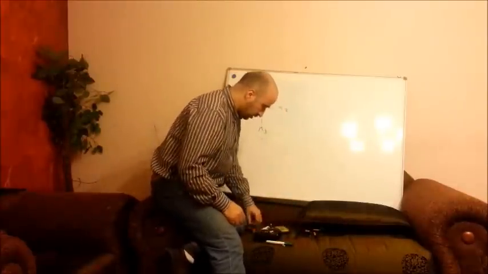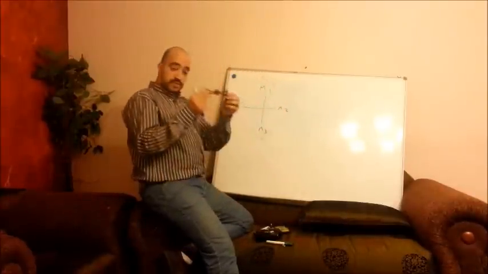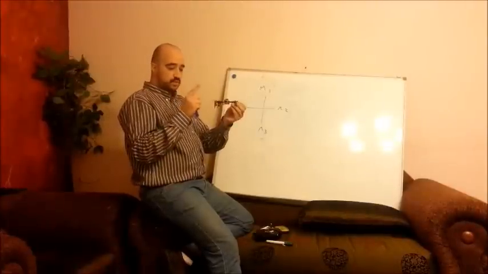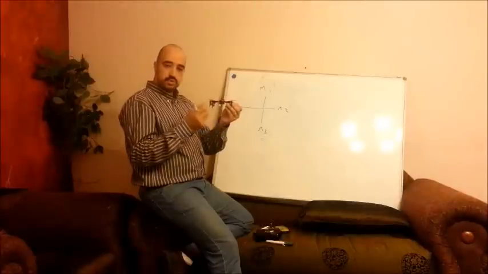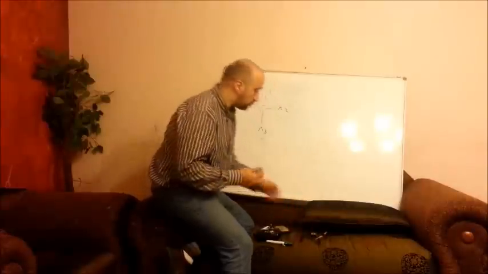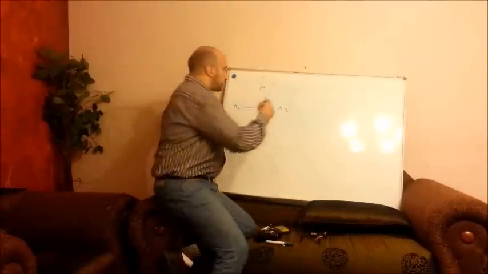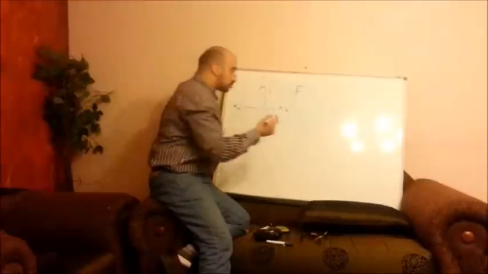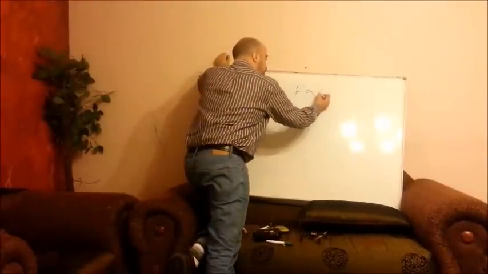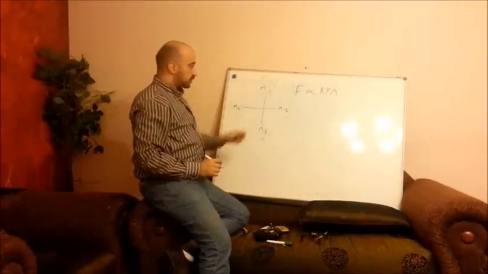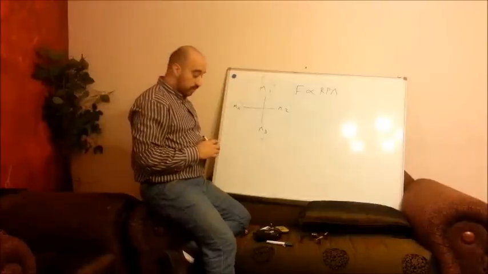So we want the quadcopter to be stable. It makes sense that we need all the motors to produce the same force. The force of the motor is proportional to the RPM of the propeller, or the RPM of the motor.